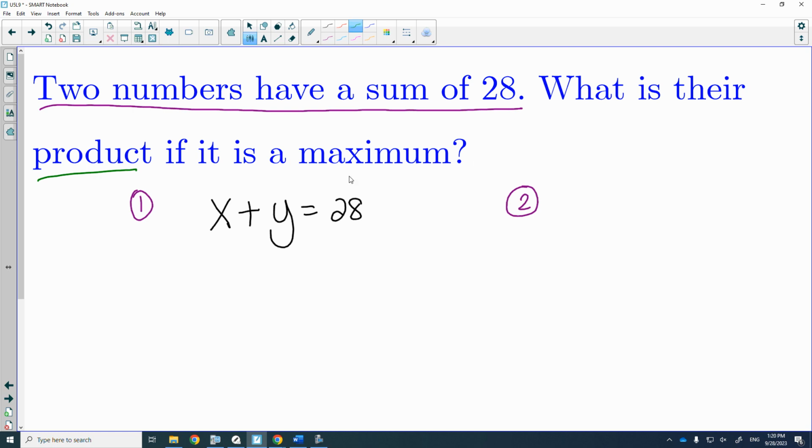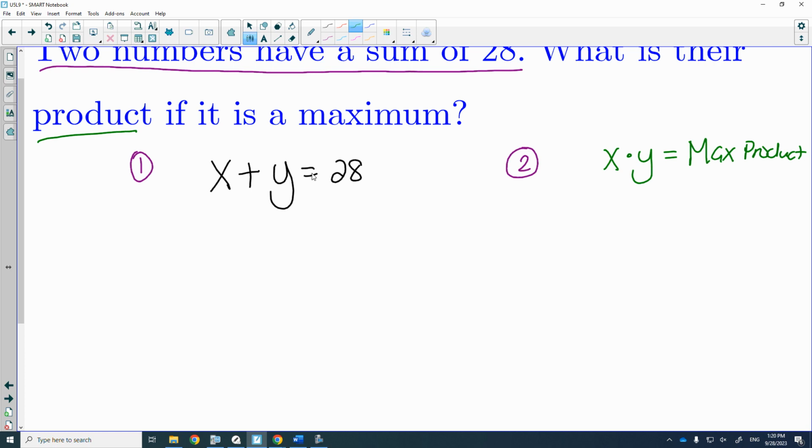So product means take those two numbers and multiply them together. So my second equation is x times y is equal to, what we're looking for is a max product. This is the equation that I don't change because I'm looking for the max product. So this is the equation that I don't manipulate. You go over to here. This is the equation that we'll manipulate.